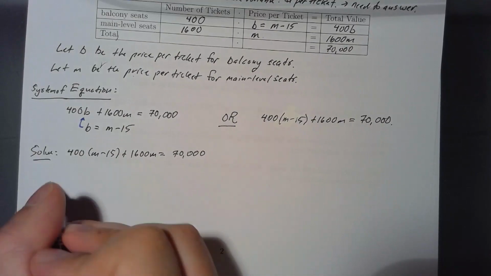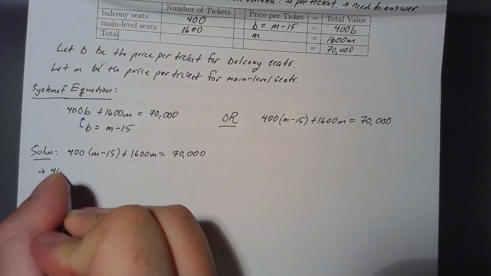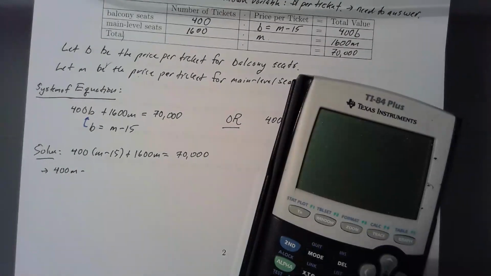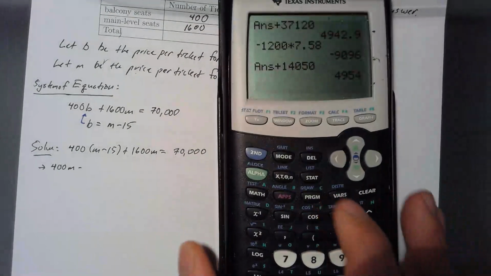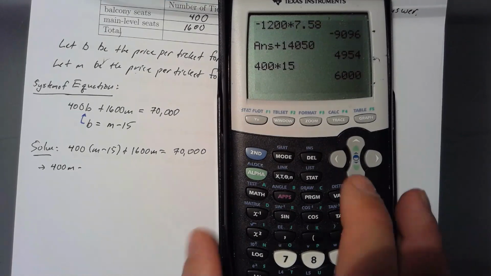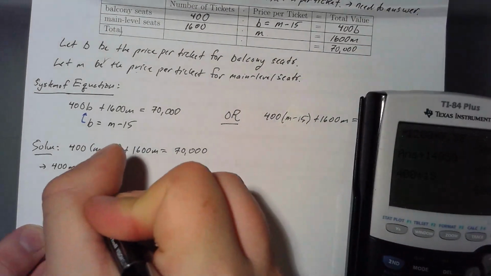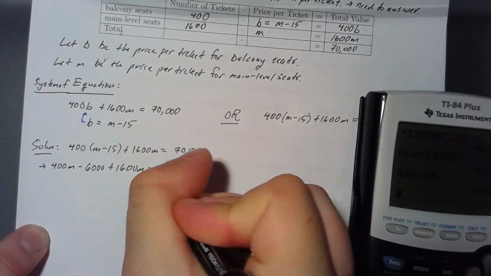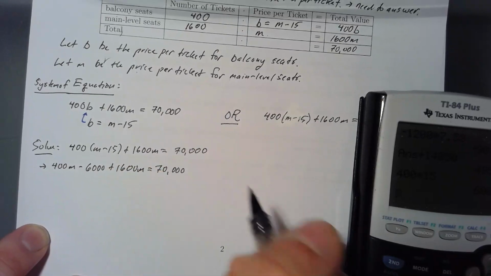Distribute the 400. 400M minus, now, if you want, you could use your calculator. 400 times 15 is 6,000. So that's going to be minus 6,000 plus 1600M equals 70,000.